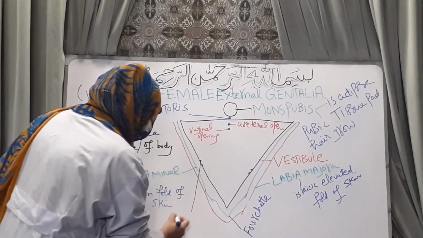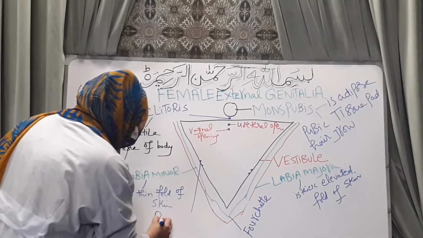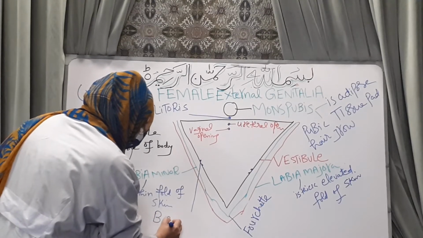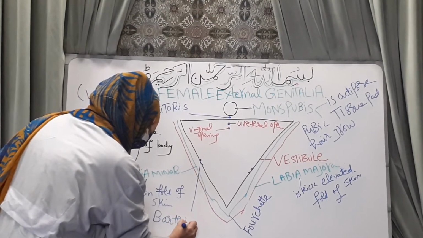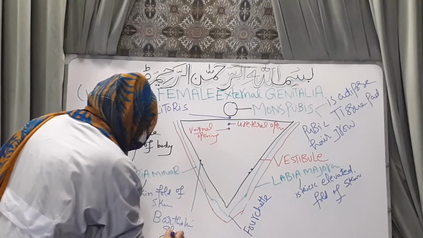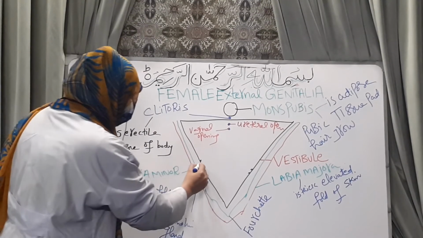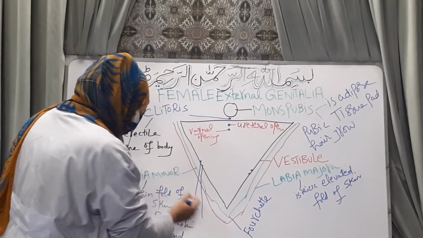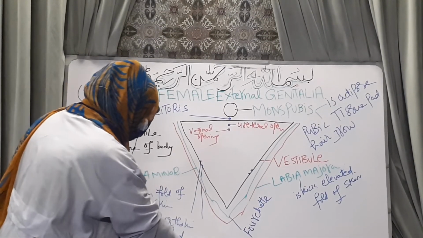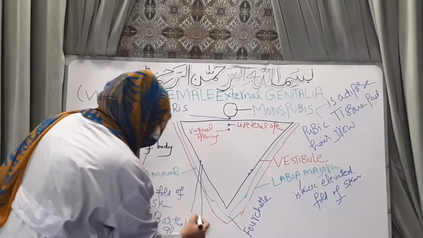This opening is for the Bartholin gland. Here the duct of the Bartholin gland opens on both sides. This opening is for Skene's gland.